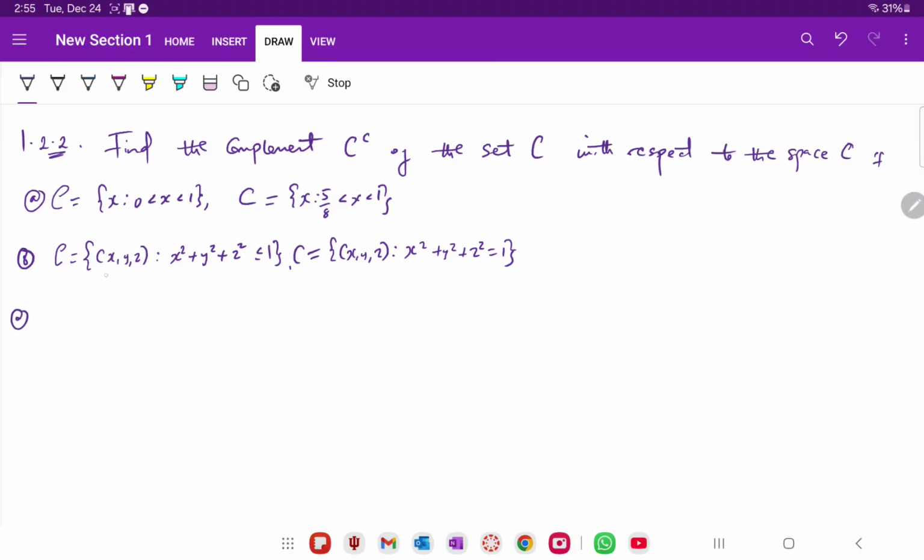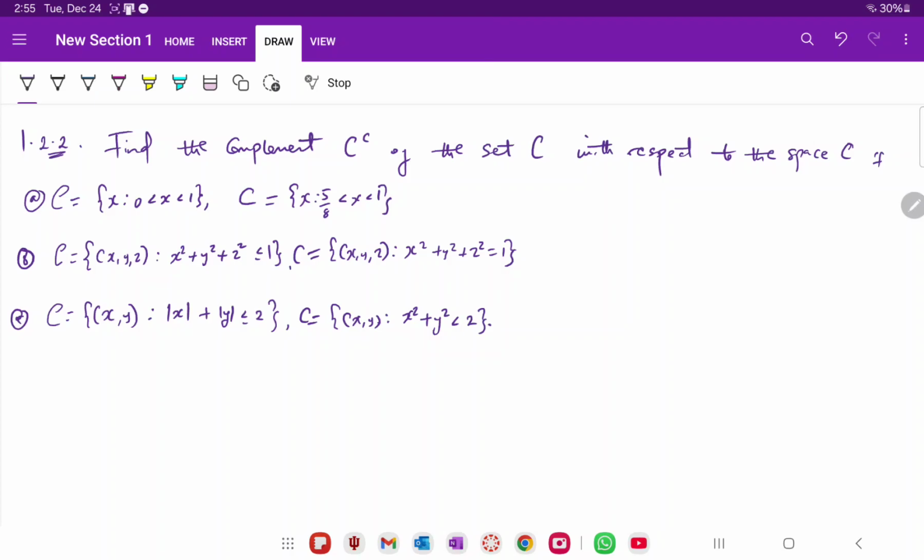And then for C, we have (x, y) such that the absolute value of x plus the absolute value of y is less than or equal to 2. So that is a diamond. And then we have a circle such that x squared plus y squared is less than 2.